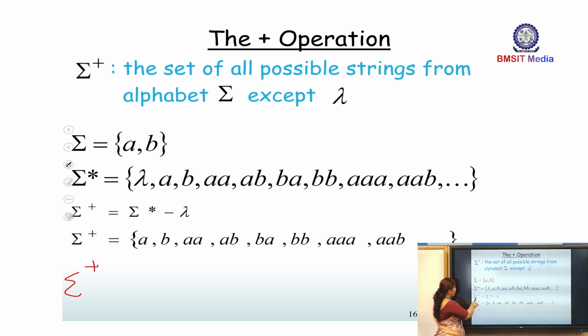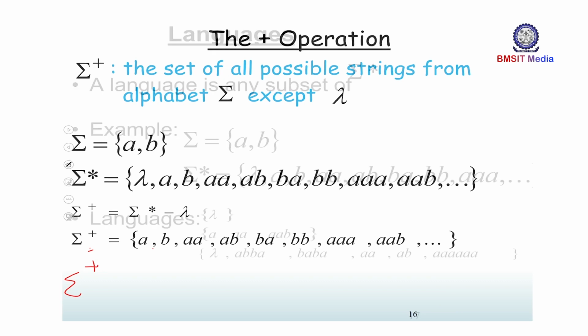In another way, sigma plus can be defined as sigma star minus lambda, that is, without the empty string. Sigma plus contains strings like A, B, AA over the alphabet A, B, and sigma star contains the empty string as well. So it is important to know the difference between sigma star and sigma plus.